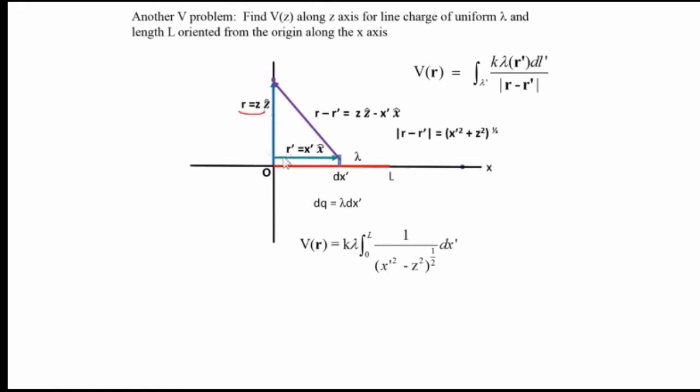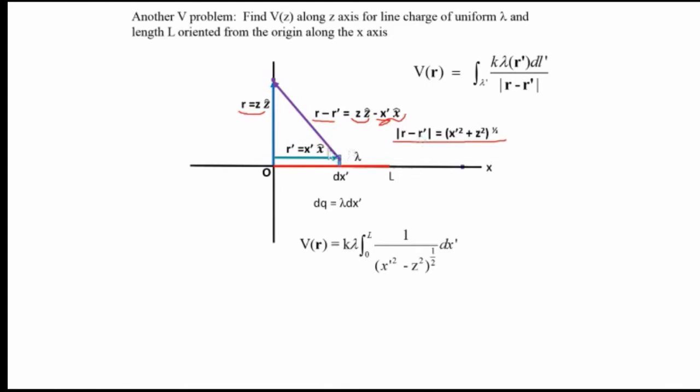Our r prime vector is the same, and our r minus r prime now is a z term and the old x prime term. So if we take this vector and find its magnitude, that will be x prime squared plus z squared to the 1/2 power. So we have now this value for the distance.